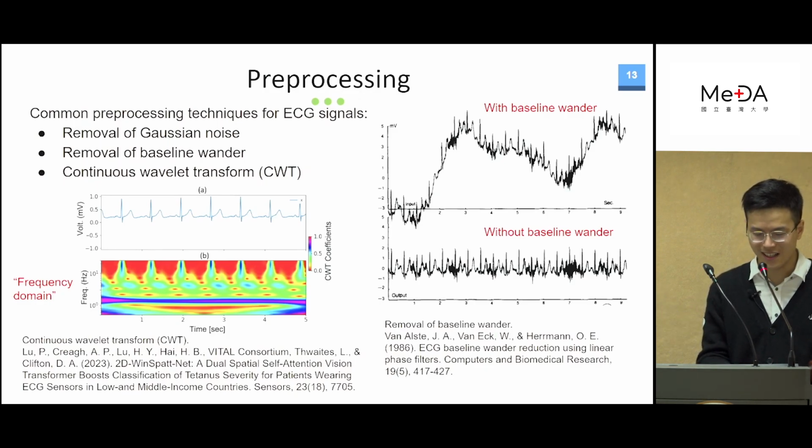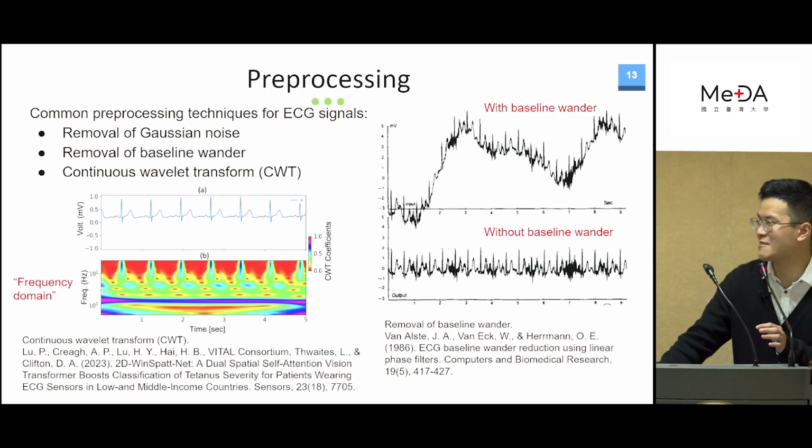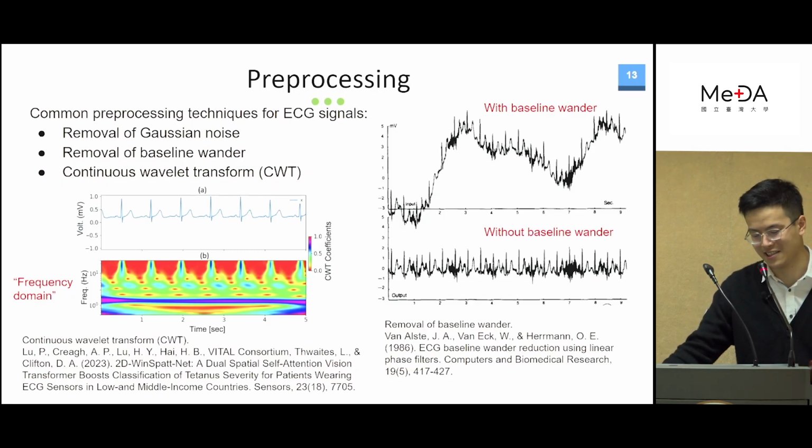With baseline wander, you can see the ECG is roaming around, and without baseline wander, it's like a straight line. If we feed the model with something more regularized, that might be better for the model to learn the important features instead of the random roaming.